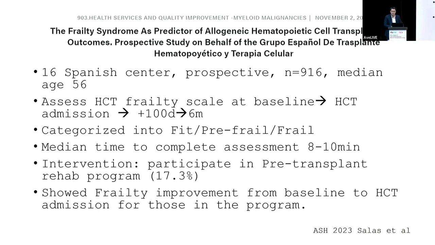By doing this frailty scale, they divided the patients into fit, pre-frail, or frail. Very encouragingly, they say they can complete the assessment in 10 minutes. This is non-randomized, but they did have patients enrolled into a pre-transplant rehab program, about 17% of the patients. It showed frailty improvement from baseline to transplant admission for those patients in the program.